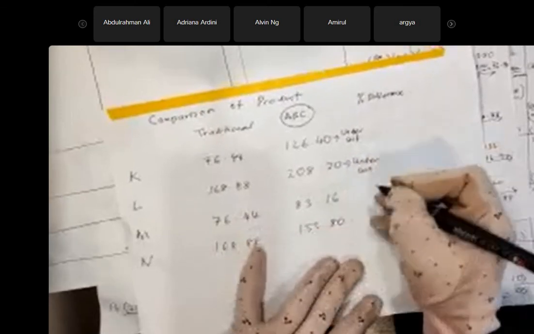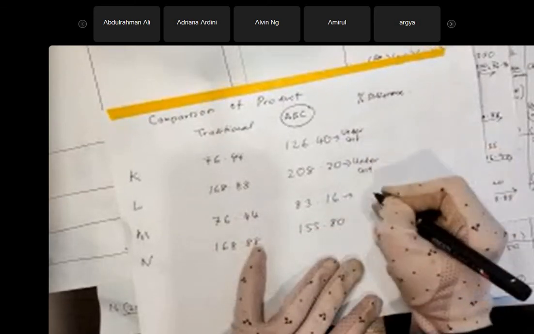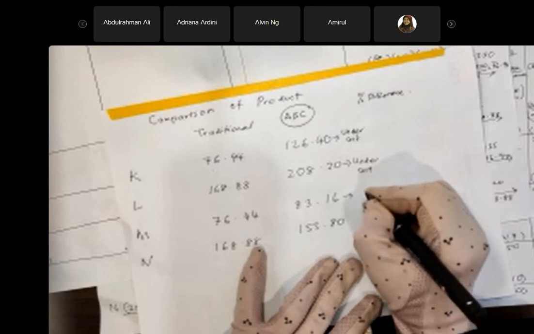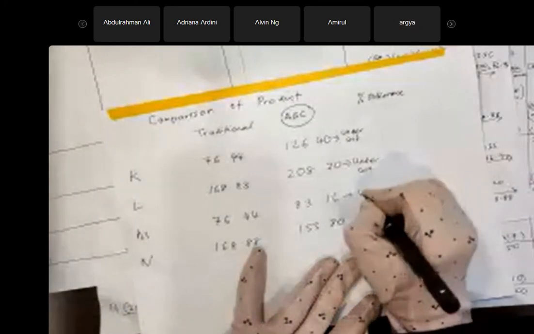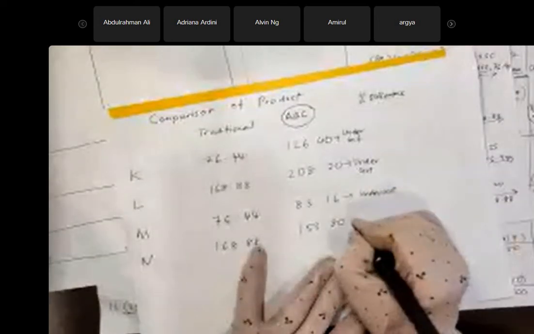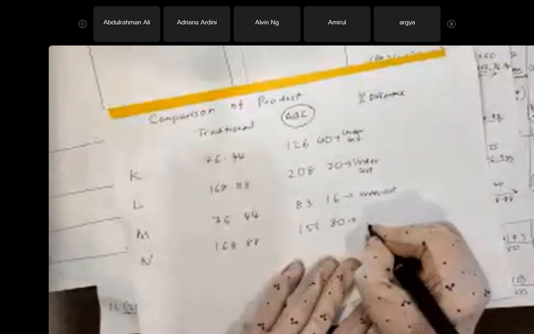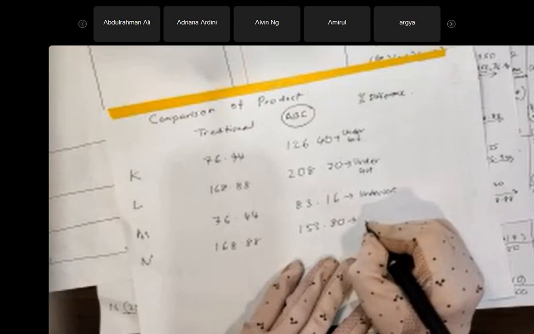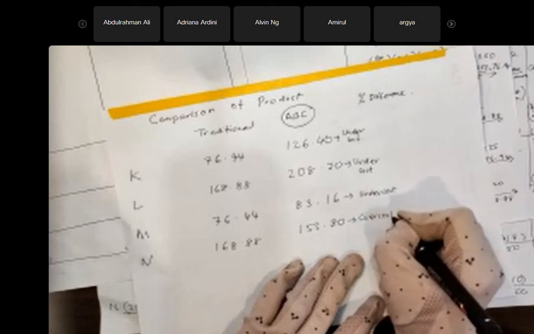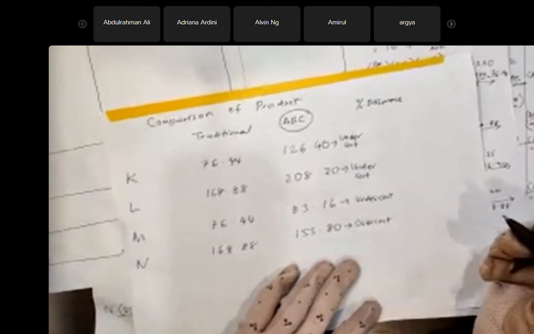The third one is under cost. And this one is over cost.